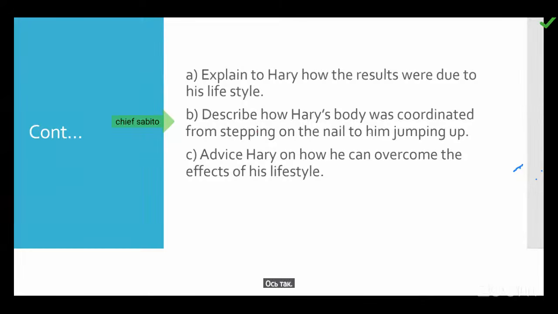We start with the receptors where the skin gets to feel the injured part. And when Harry's skin detected the pain, it sent a message to the brain through the sensory nerves, and the brain received the information and interpreted it. It quickly made decisions and coordinated the response through the spinal cord. The spinal cord acted as a pathway for messages between the brain and the body.